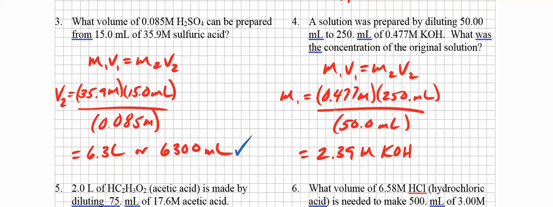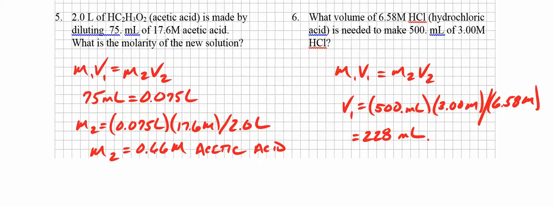Let's plug in 0.477 molar times 250 milliliters divided by 50 milliliters. When we do that calculation, we get this number. To the correct number of significant digits, 2.39 molar potassium hydroxide. And that'll do it for number 4. Let's look at number 5.